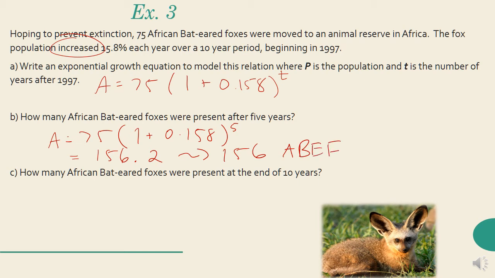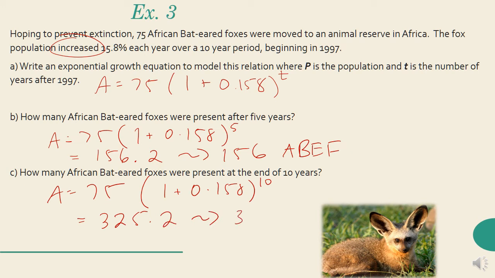How many were there at the end of 10 years? Straight up calculator work, 75, using our formula. To the 10, using our calculator, 325.2, which rounds to 325 African bad-eared foxes. And don't forget about therefore statements.